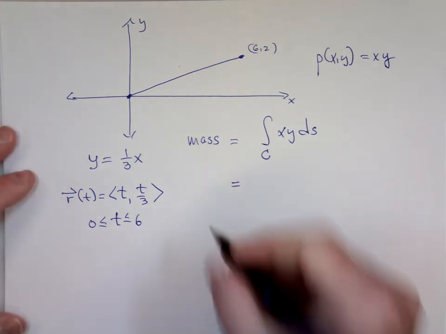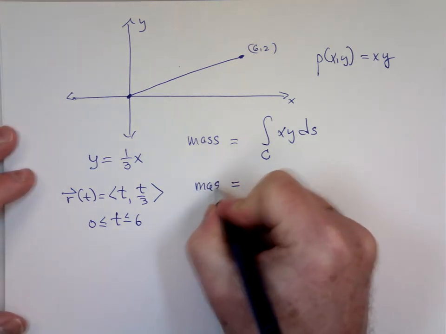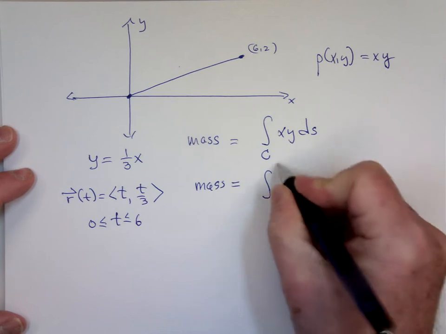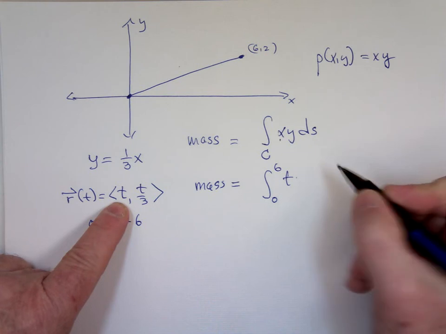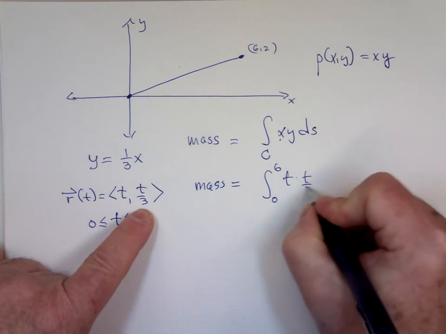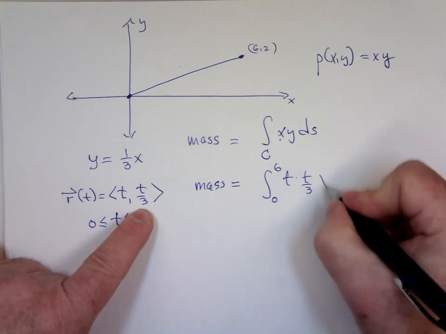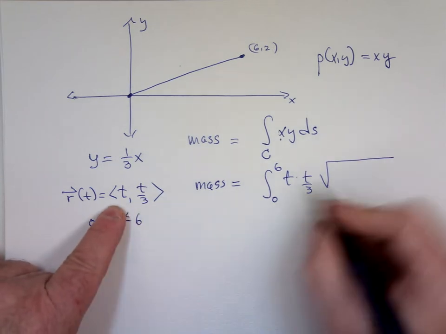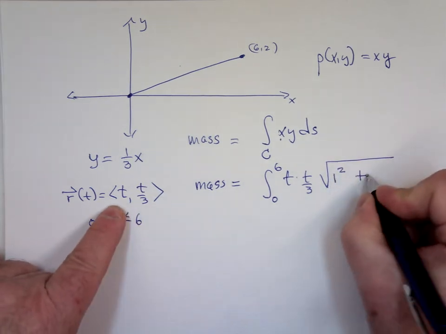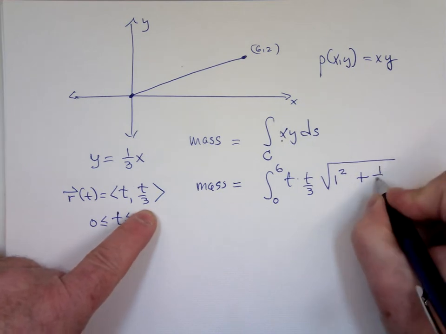Mass is equal to the integral from 0 to 6. Now, what's x? t. Y, t over 3. The ds is the square root of (dx/dt, 1) squared plus (dy/dt, 1/3) squared, dt.